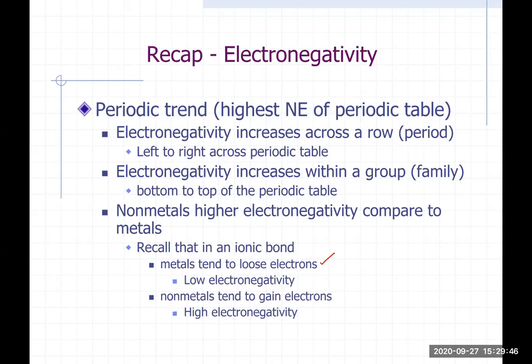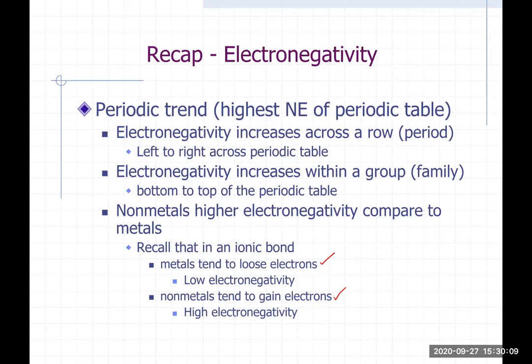Sodium, for example, gives up 1 electron. Lithium gives up 1 electron. Magnesium and beryllium would give up 2 electrons to get the electron configurations of the noble gases closest. Nonmetals gain electrons. They have a high electronegativity because they want that negative charge.